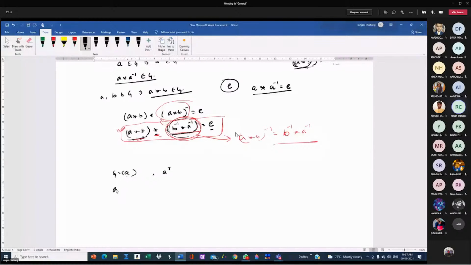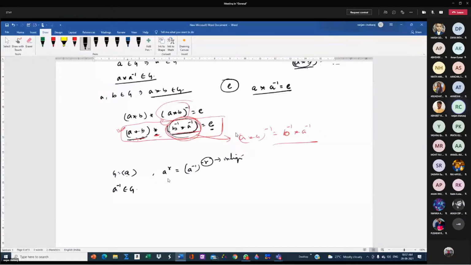So any element can be expressed in powers of A inverse, because R is an integer, so minus R is also an integer. So if A is the generator of G, then A inverse is also a generator of this.